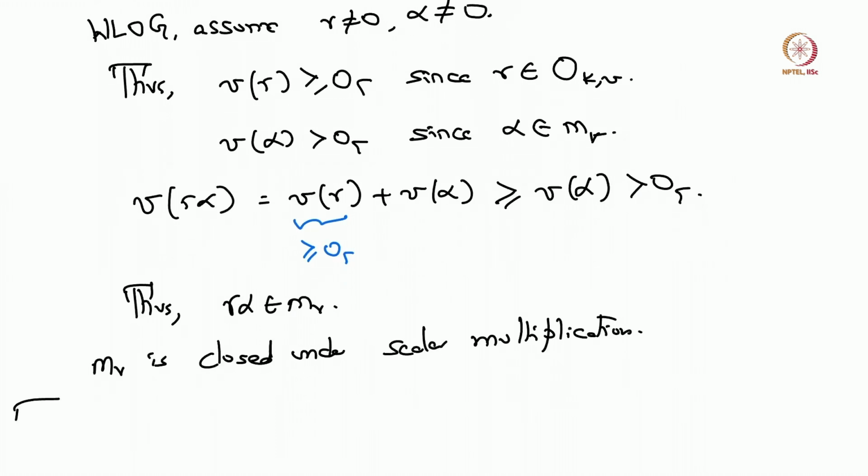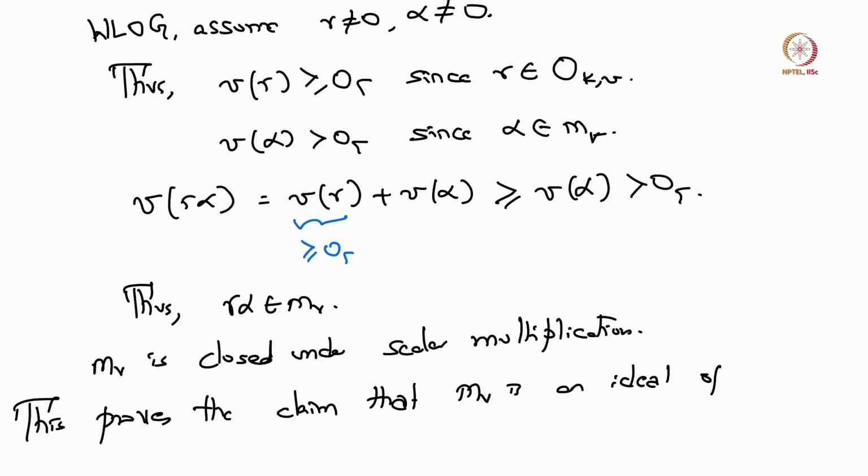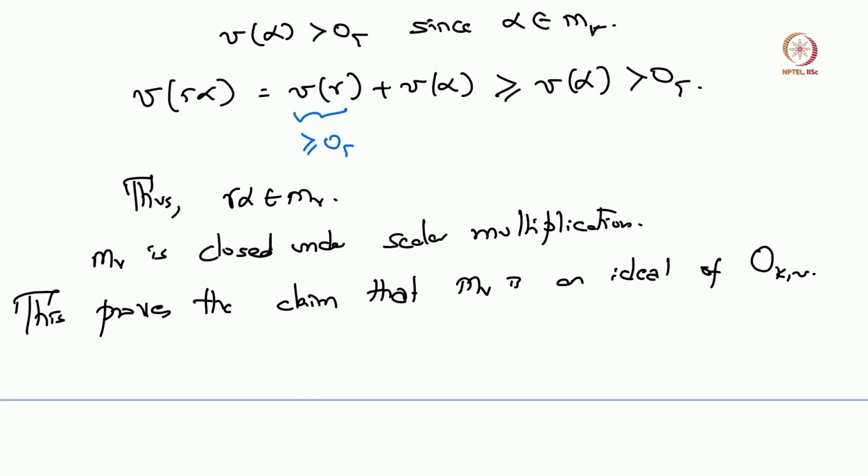Okay, so this proves the claim that M_v is an ideal of O_Kv. Now what we want to show is that M_v is the maximal ideal of O_Kv.